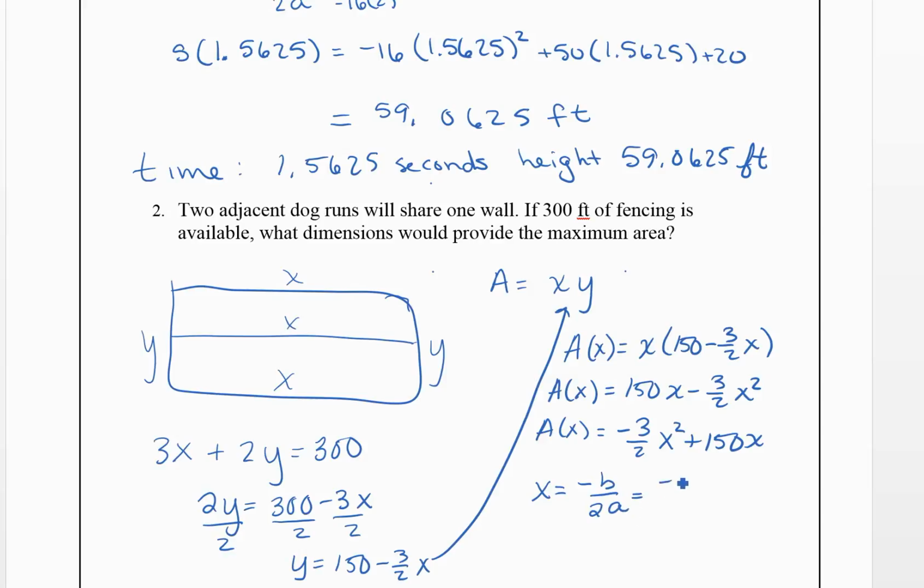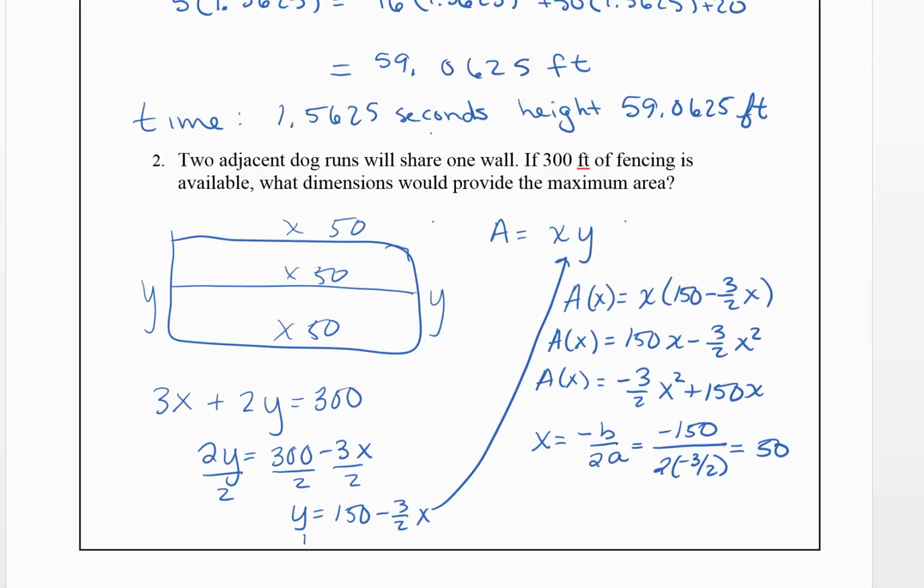So here we'd have negative 150 over 2 times negative 3/2. And if we reduce that, we get 50. So here we're saying this is 50, this is 50, this is 50. Well, if it was 300 total, we can plug in 50 for x.